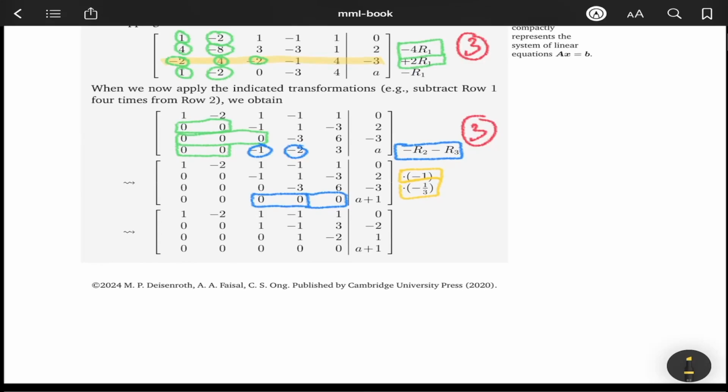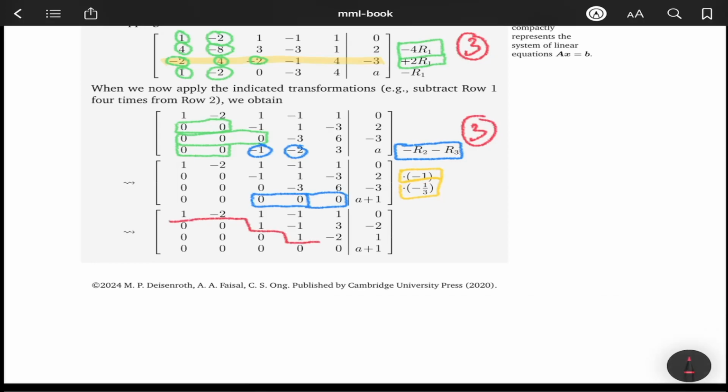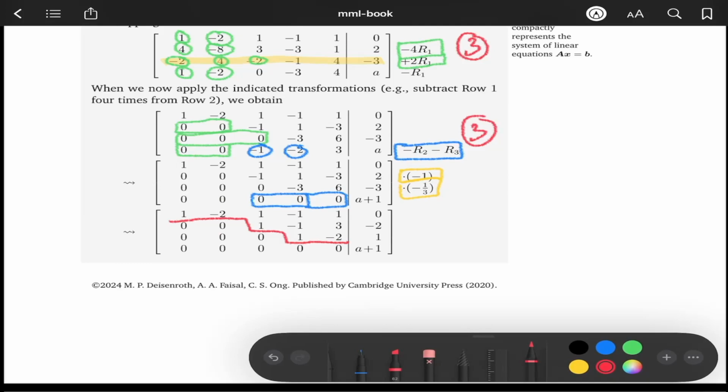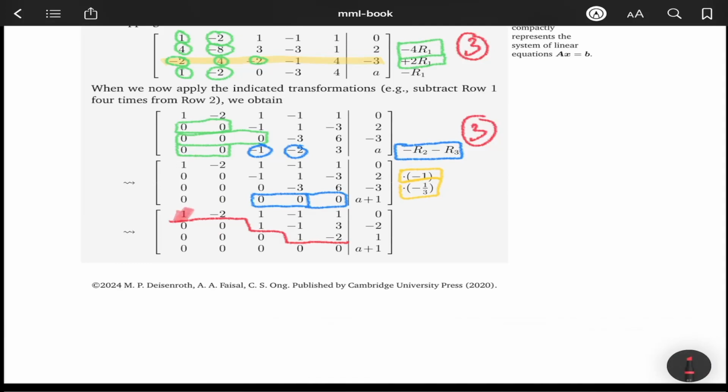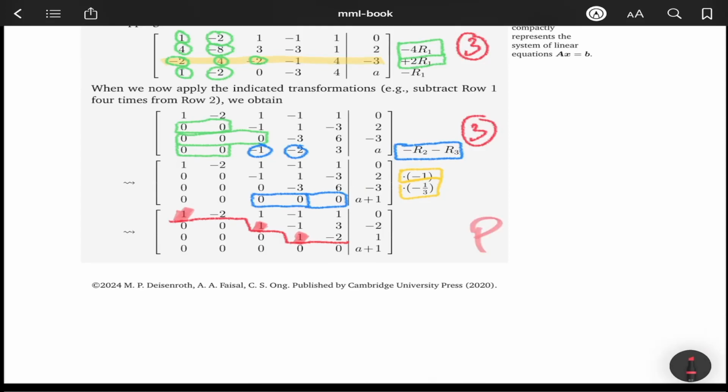So what they actually mean is, that's why they multiply it or flip the sign. What they want is this: this is the pivot, this is the pivot, and this is the pivot. I think here we only have 3 pivots.